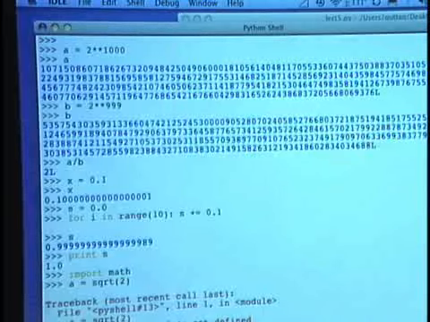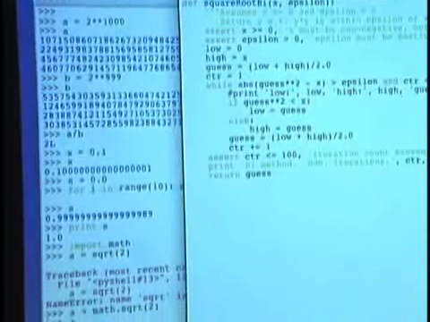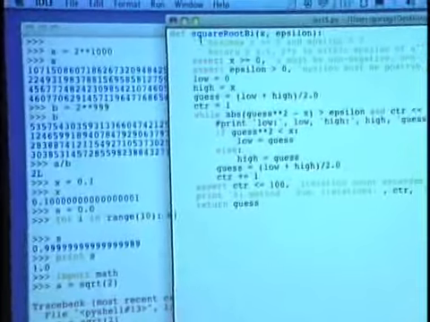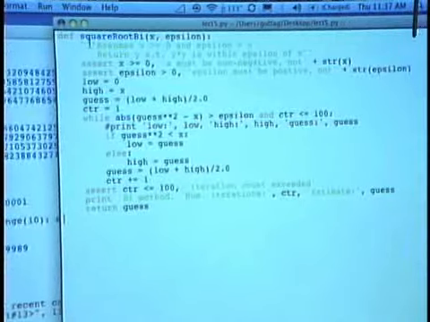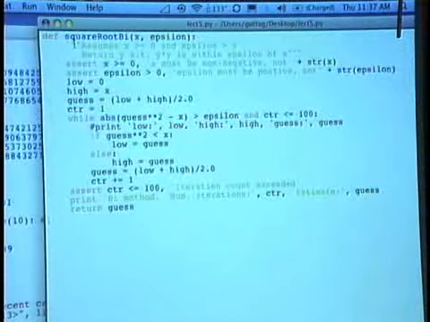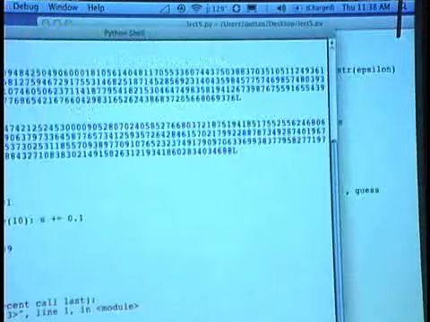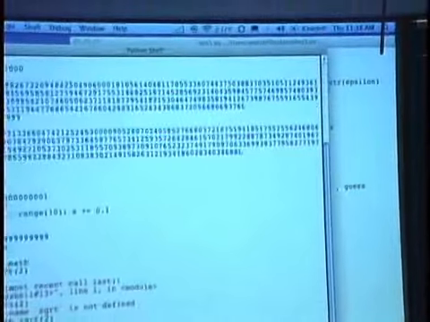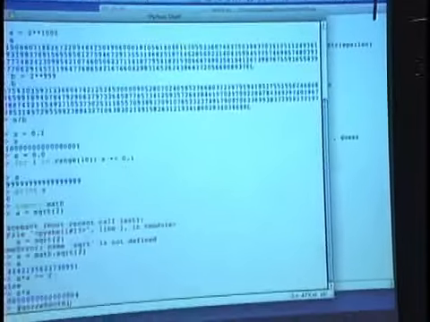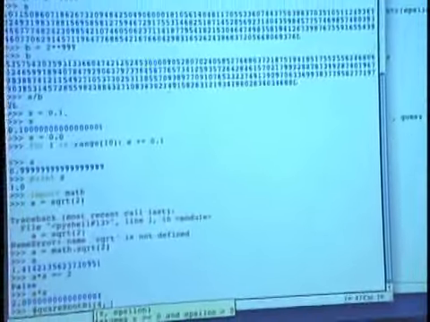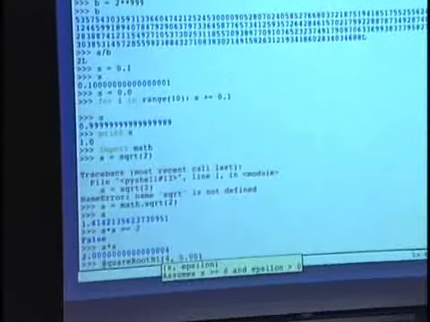Well, notice when I run it, nothing happens. Why did nothing happen? Well, nothing happened because it was just a function. Functions don't do anything until I call them. So let's call it. Let's call square root with 4, 0.001.